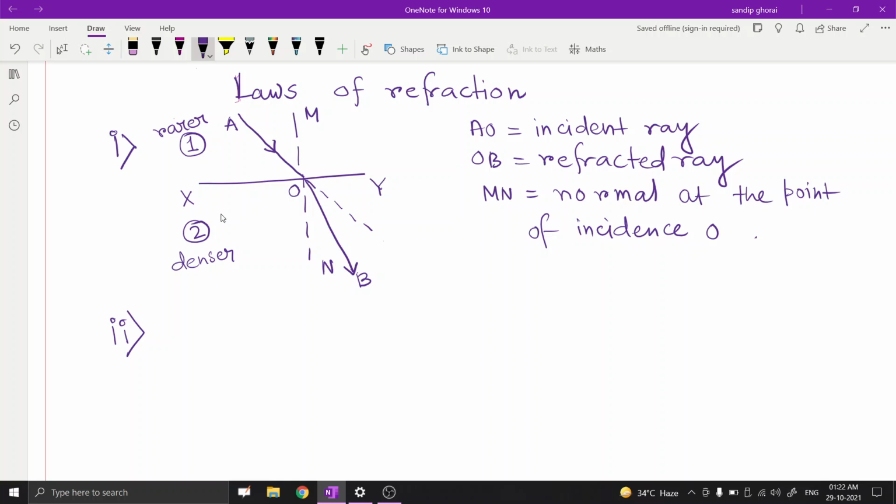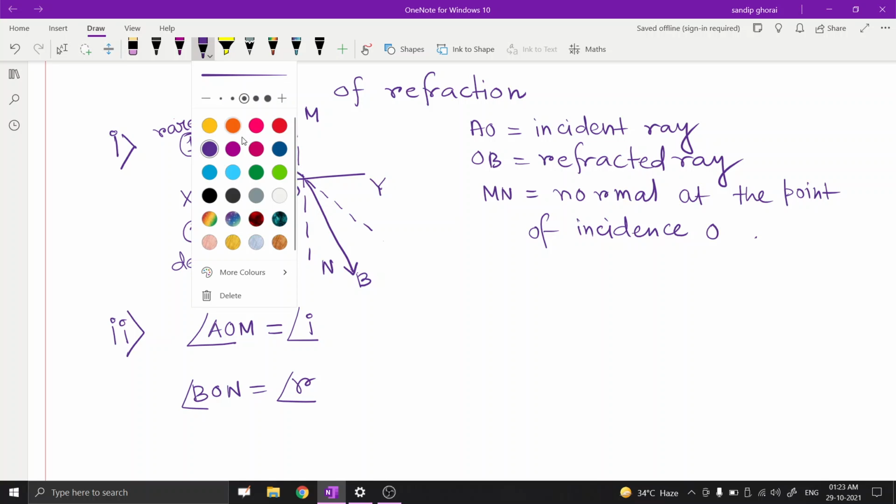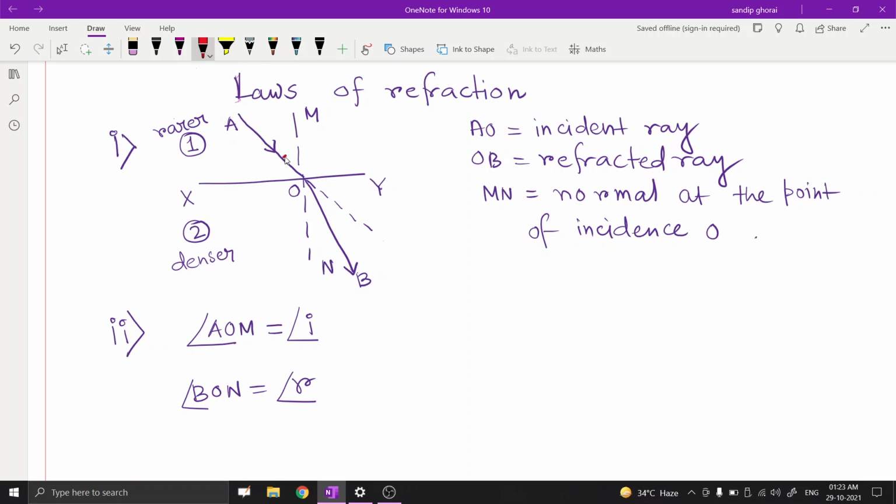We take this angle AOM as the angle of incidence, symbol i, and BON as the angle of refraction, symbol r.